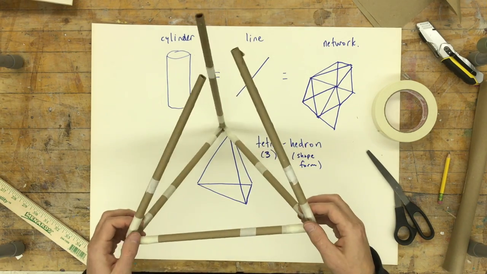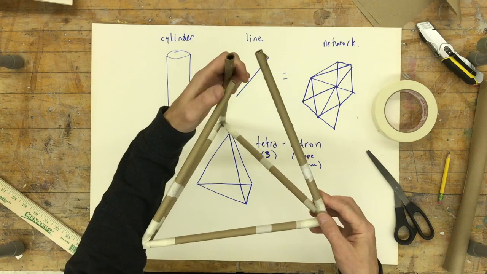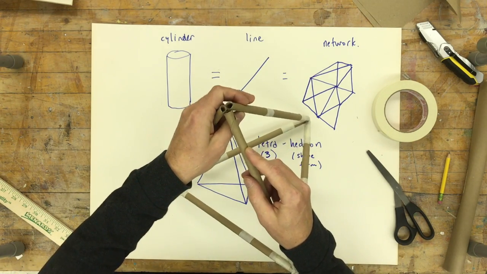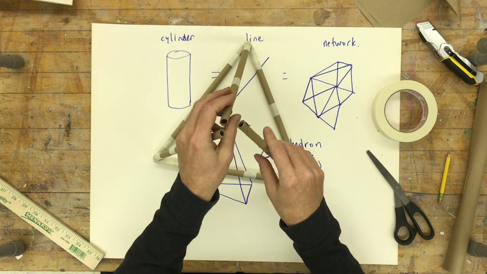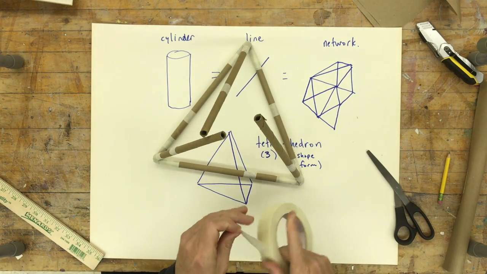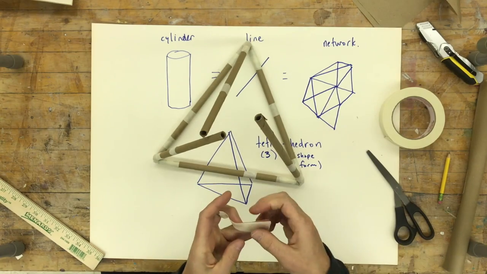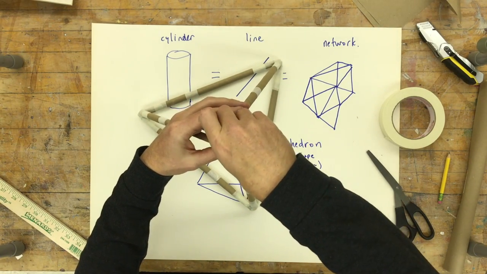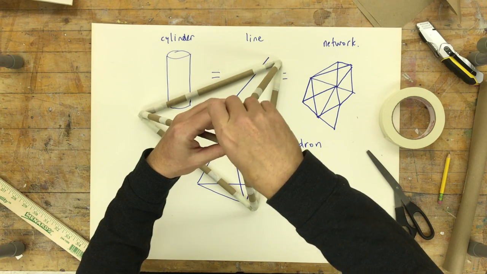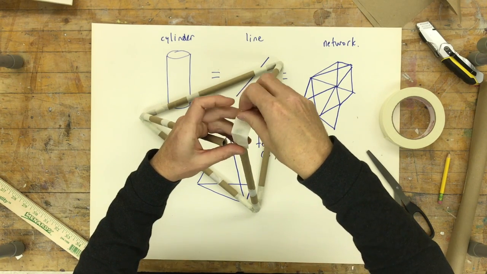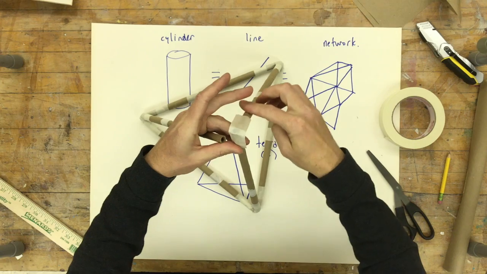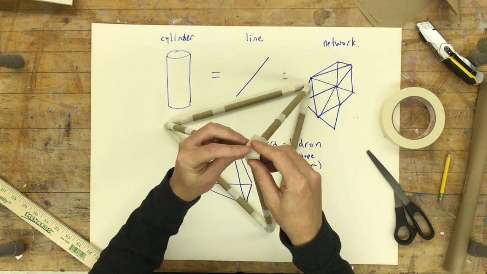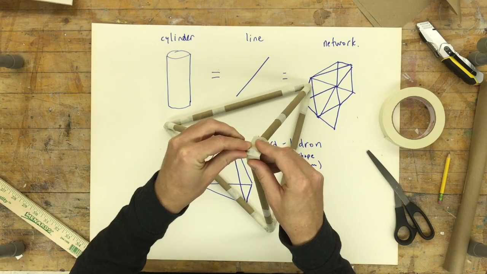Okay, so we're doing pretty well. What we need to do now is to connect these three elements together here. So let's go ahead and just work on that. I usually start just with two. Bring those together. You can also go ahead and tuck that third element right in there.